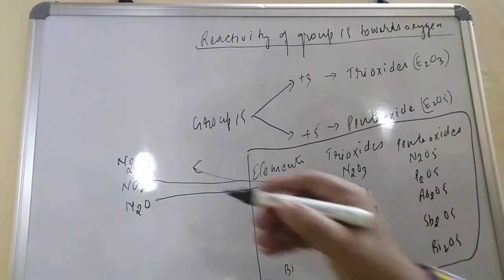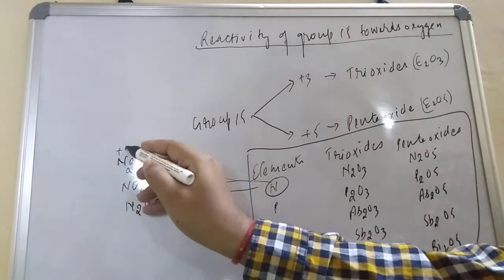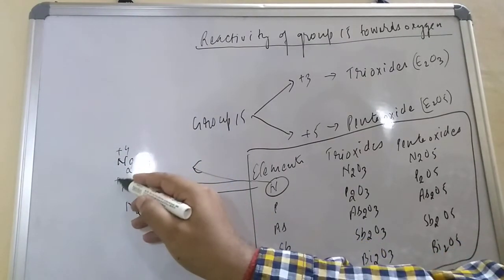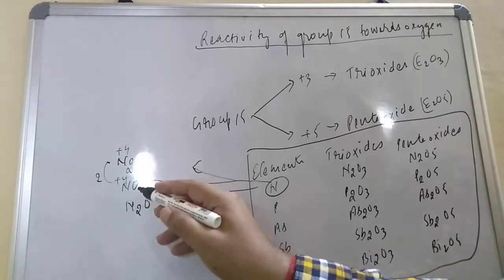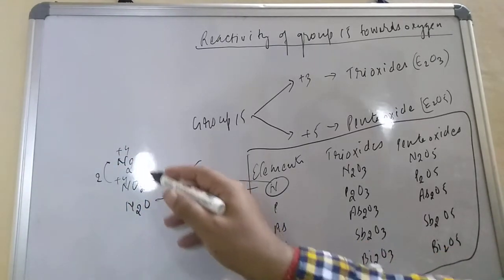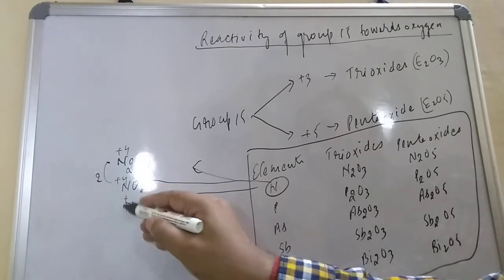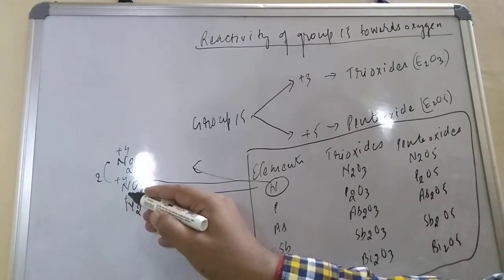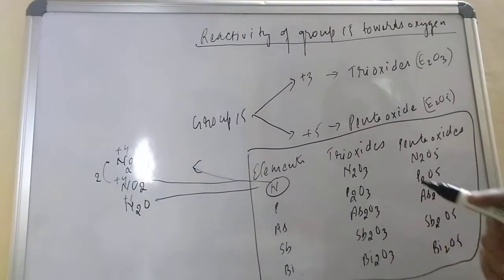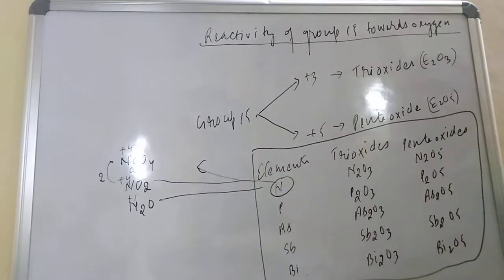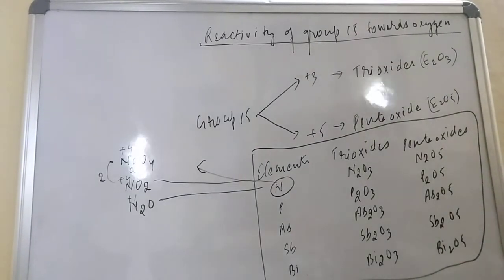Here the oxidation state is plus 4, and in N2O4 also plus 4 because it is the dimer; if you multiply by 2, that is N2O4 with plus 4 each. And in N2O it will come to plus 1. So these are the oxides of the group 15 elements. They give the stable oxides, the trioxide and pentoxide.